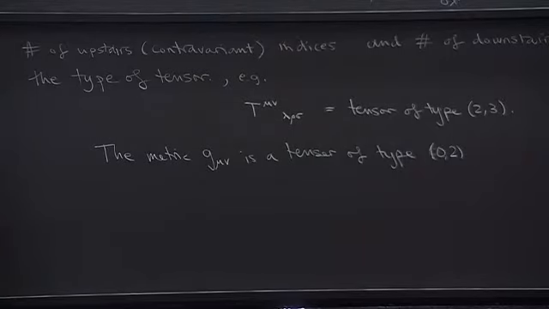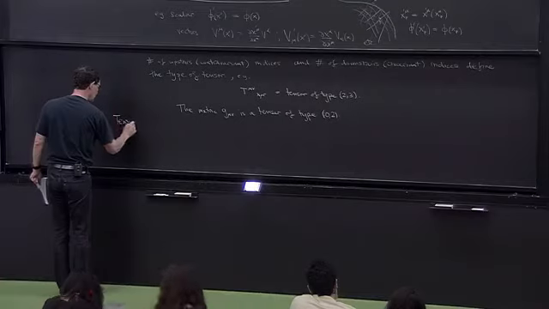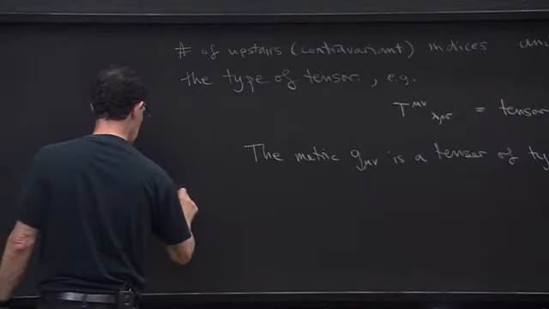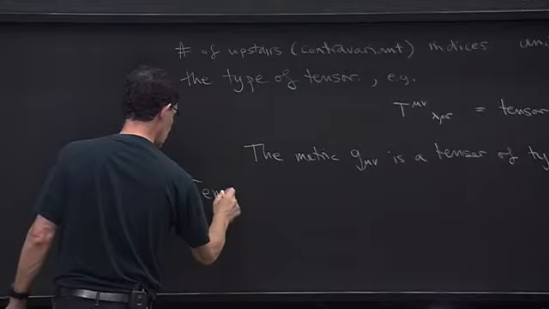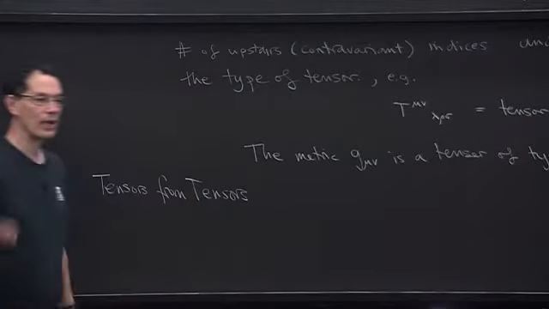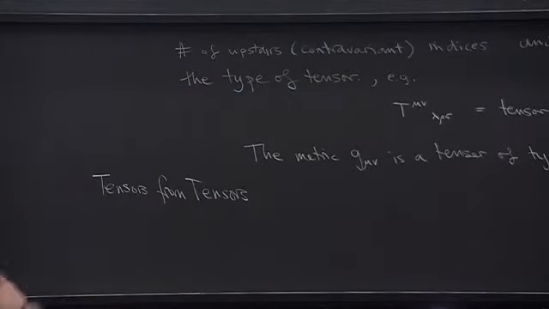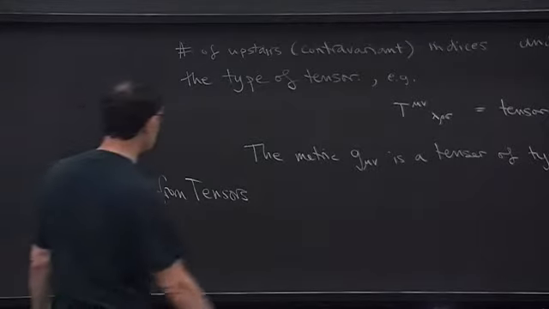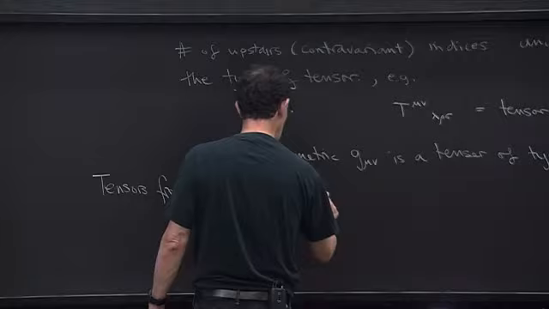Now, how do we get tensors from tensors? If we have a bunch of tensors and we want to make some other tensors, there are several operations we can use. We can add them.